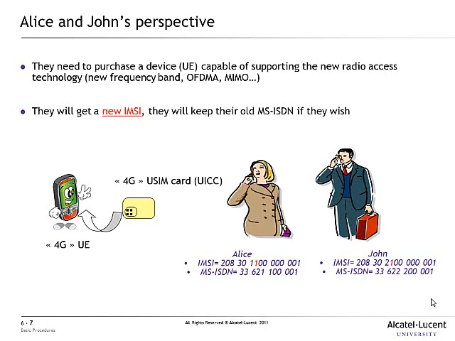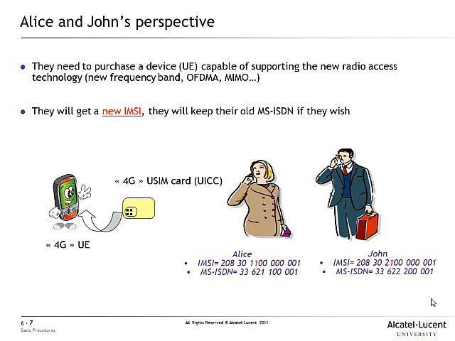So once they buy the handset, the next thing they need to do is to get a new IMSI and MSISDN, that is the dial number. Even when you moved from 2G to 3G, most of you might have kept the same number that people dial you on, because that number is very important, and you don't want to be changing it.